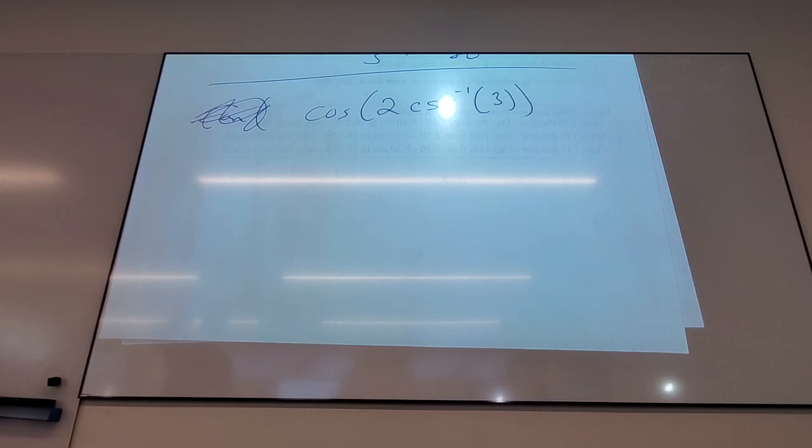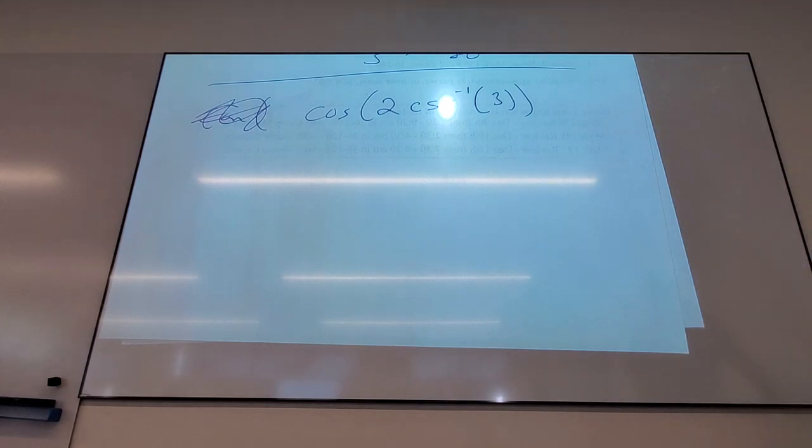If it wasn't there, it's probably easy. Yeah, the 2. So I've got to use a double angle formula. The cosine is not directly attacking the angle. The 2 is in the way. I know everything about the angle. I don't know anything about twice the angle.